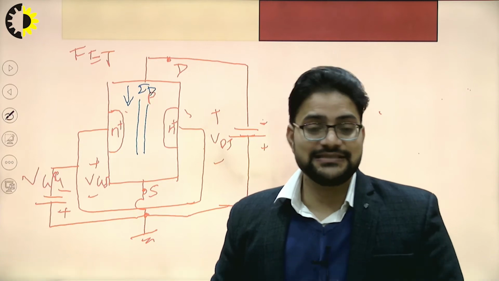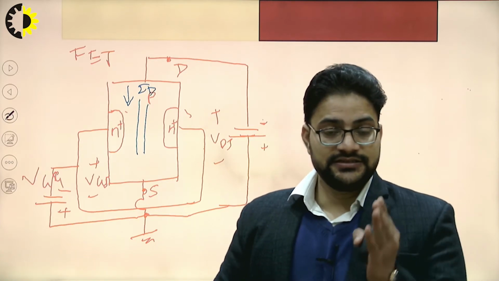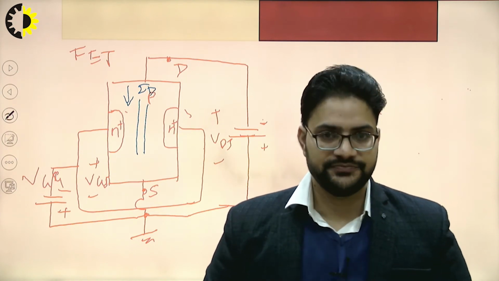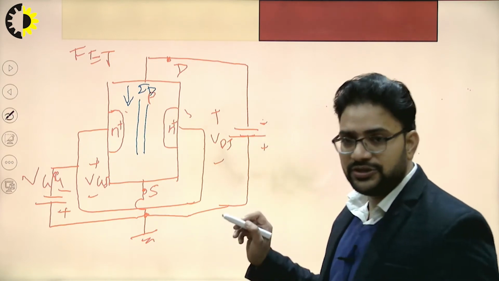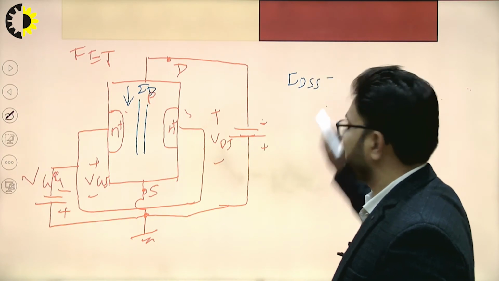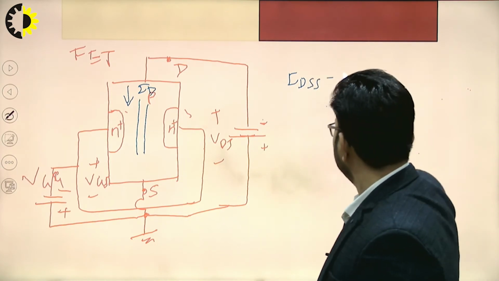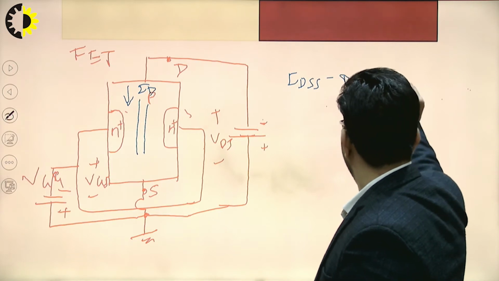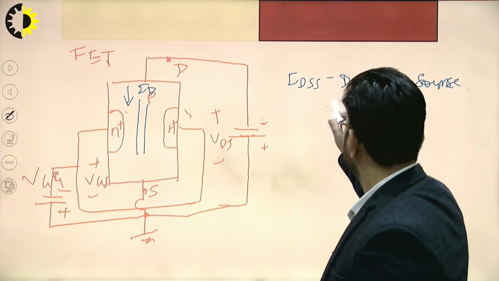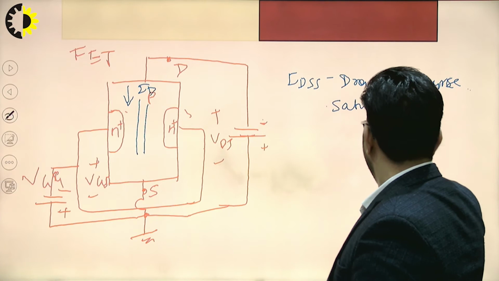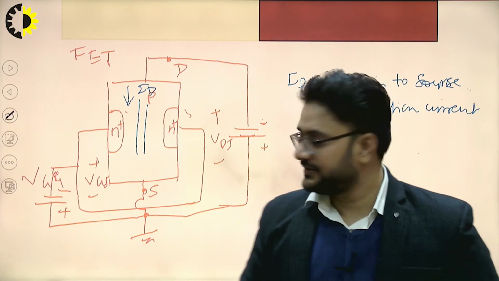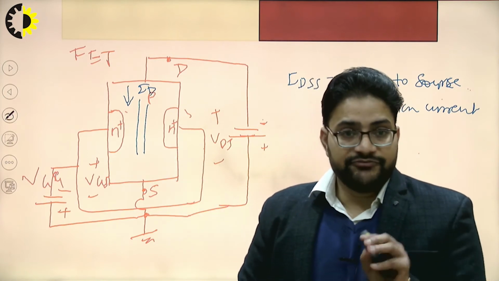This maximum current is called the drain to source saturation current, or drain to source safe current, denoted by IDSS in the standard books. This current will be maximum whenever VGS equals 0.